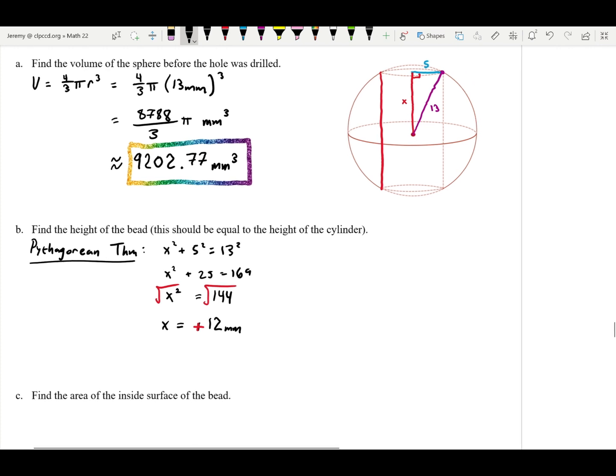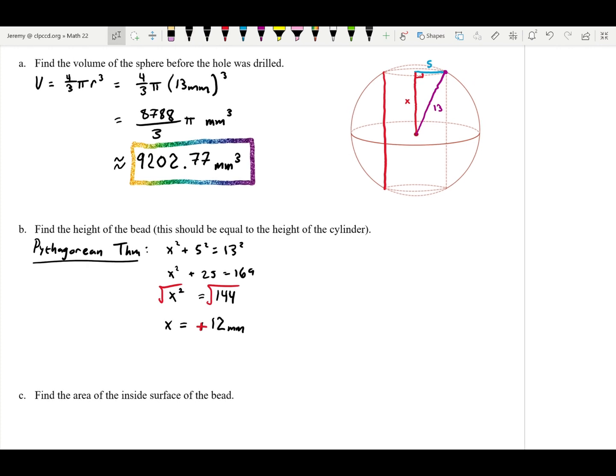Okay, so x is 12, so then what is the height of the bead? Well, the height is just going to be 2x. Okay, so taking this, then our height h is going to be equal to 2x, which is 2 times 12 millimeters, which equals 24 millimeters.